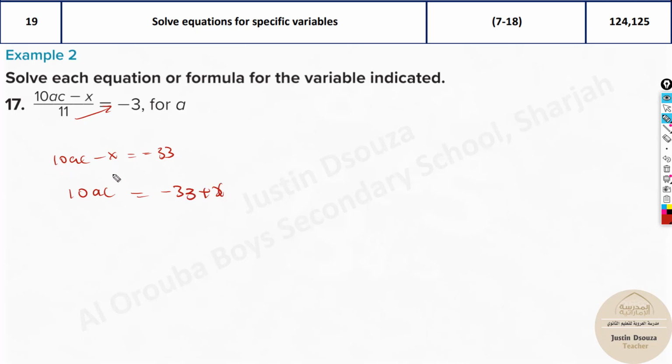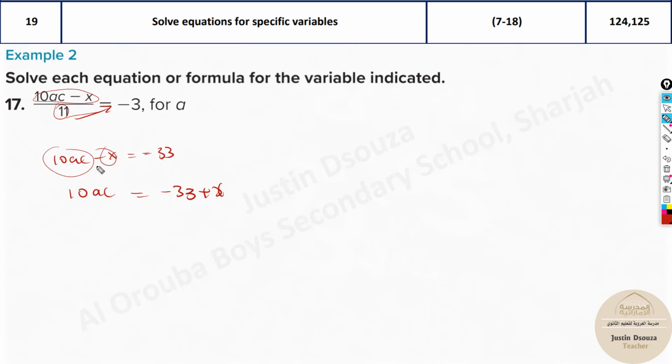Now if you're thinking why I don't take 10, see whenever you have such terms, the outermost term, the 11 is the outermost term. So 11 goes to the other side first. Now what next over here? The outermost term is minus x because this is all together, it's joined together. Now when you see over here the numerators are together, the denominator is separate, so it goes to the other side.